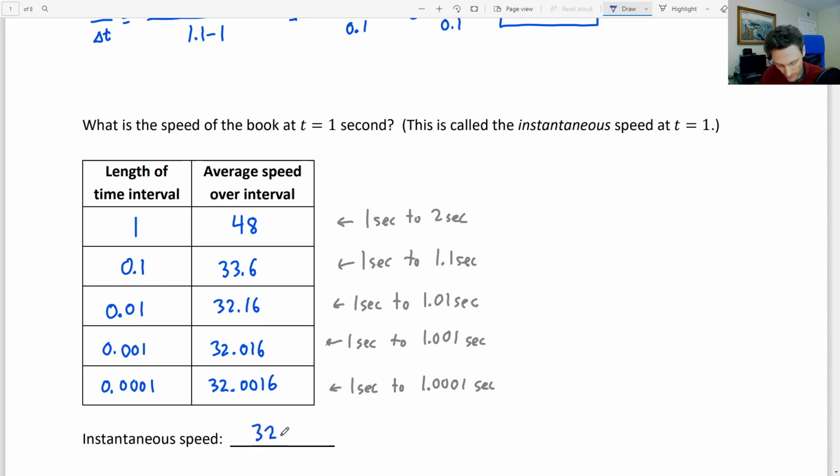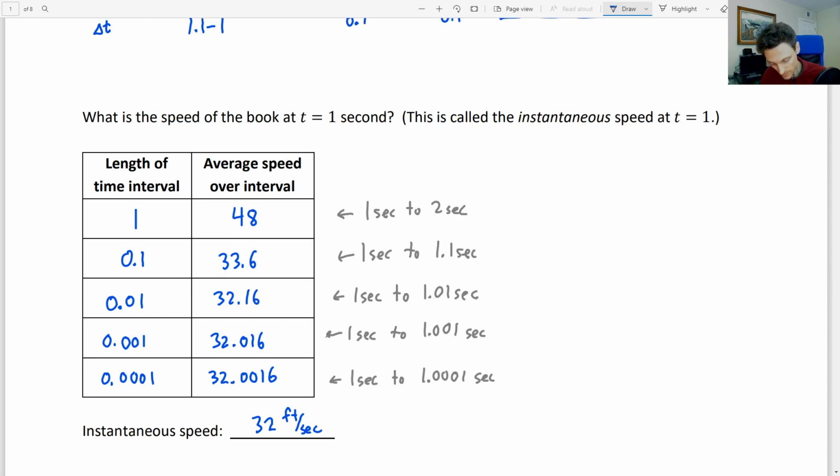Yeah, if you said 32 feet per second, that would be correct. That's what the average speeds look like they're getting closer and closer to, right? It seems like this decimal just keeps adding more zeros as you go. So it looks like the instantaneous speed, when we have an infinitesimally small time interval, so an interval of like 0 seconds, would be 32 feet per second. That's how fast the book would be traveling at that particular t value of 1.